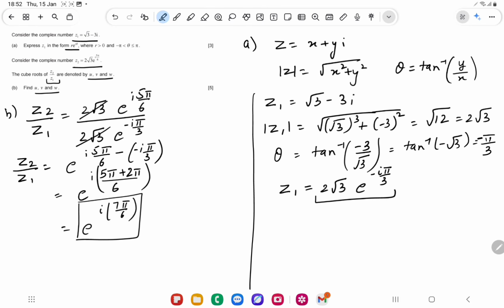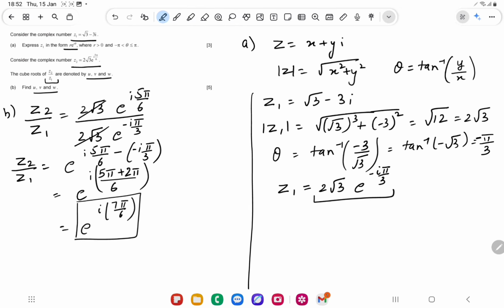But our question was to find u, v, w because these are the cube roots. For that, we have to write this in general form. So z2 by z1 will be e to the power i of 5 pi by 6 plus 2 pi k.